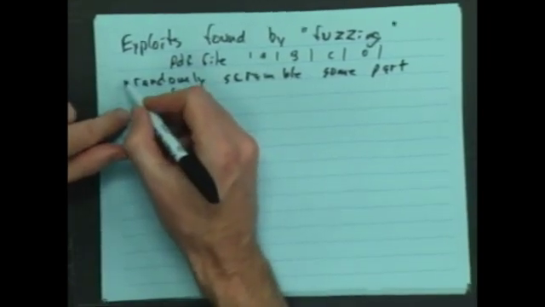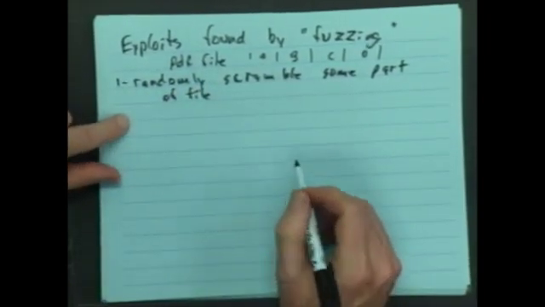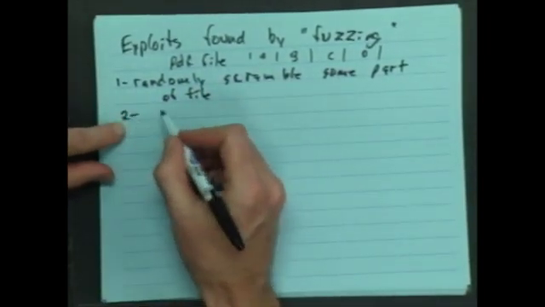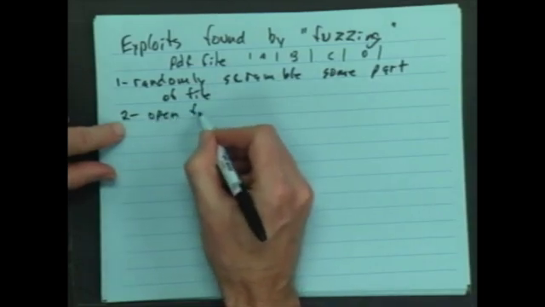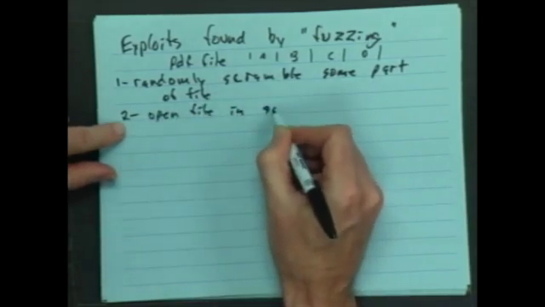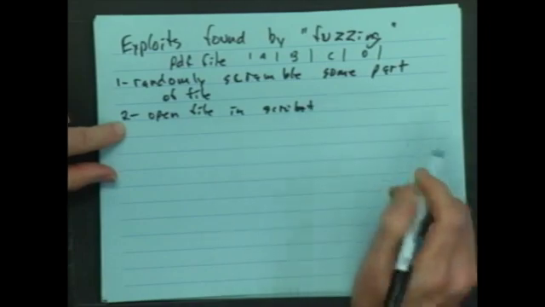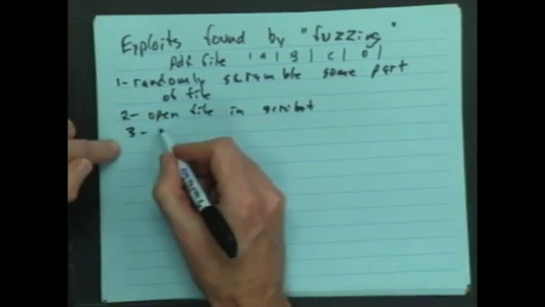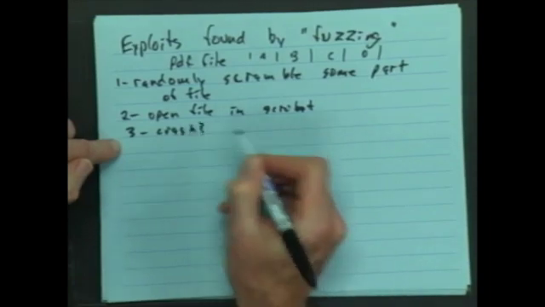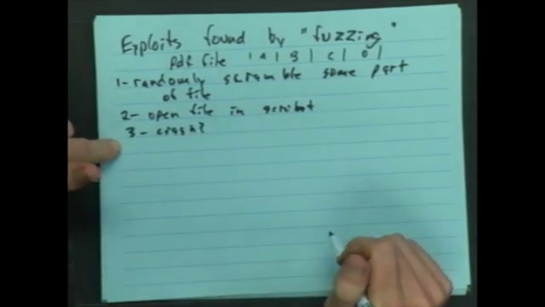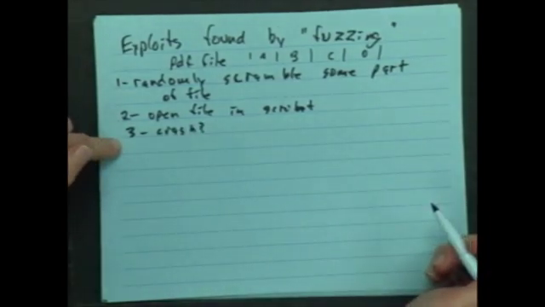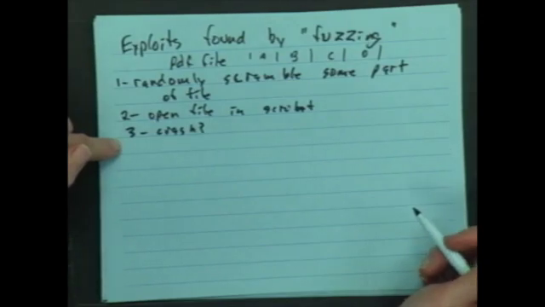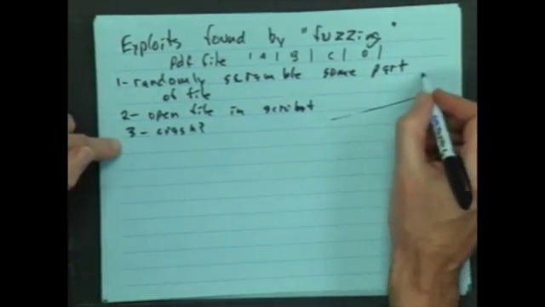So here's my step one. Step one, randomly scramble some part of the file. Step two, I open the file in Acrobat. And then step three is, does it crash or not? If it doesn't crash, what do we do? We go back to step one.